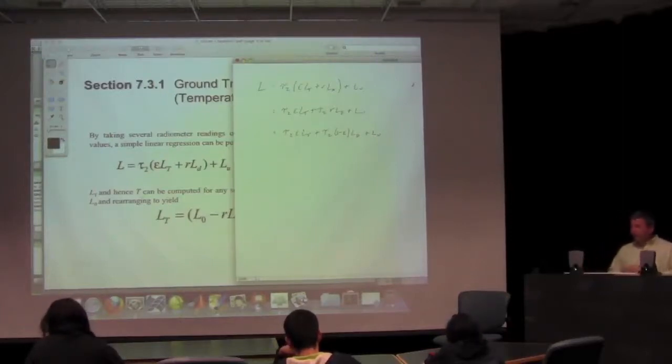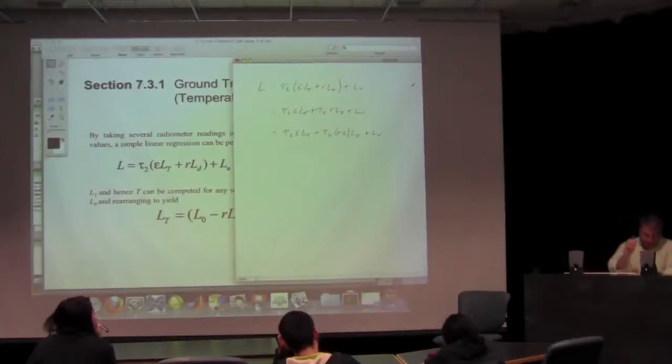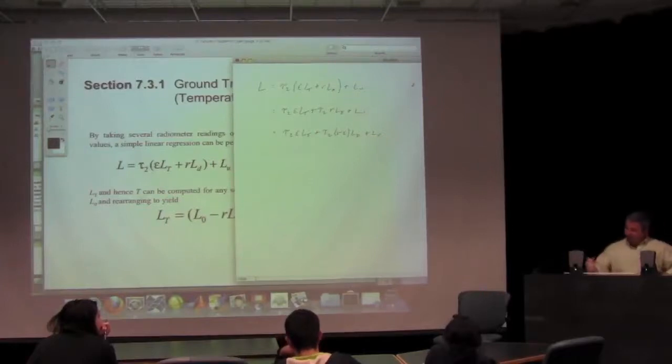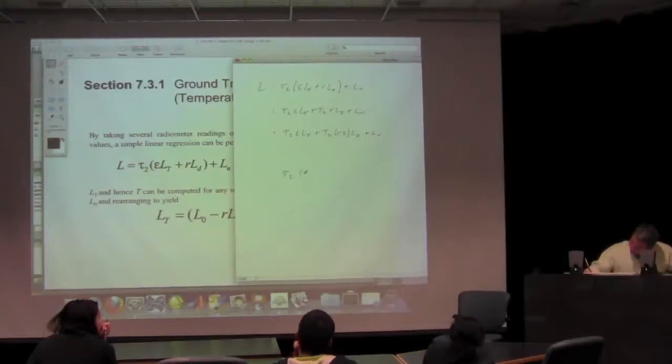There's no transmission going on. So Kirchhoff's law says we can do 1 minus epsilon. The question is, how important is it to know LD? In other words, if we look at this term right here, the reflected downwelling radiance that gets up to the sensor, tau 2 times 1 minus epsilon times LD.